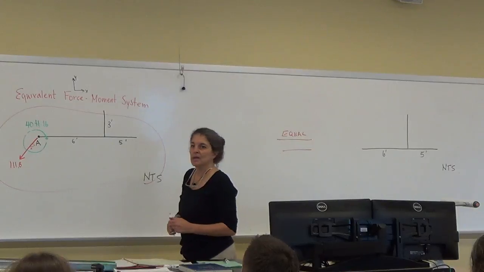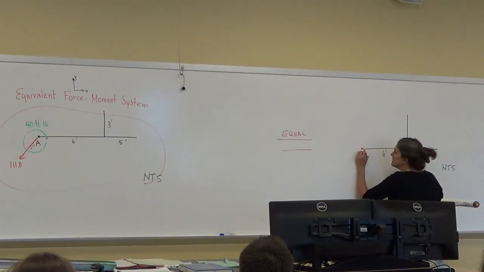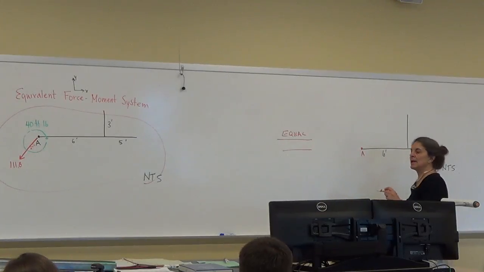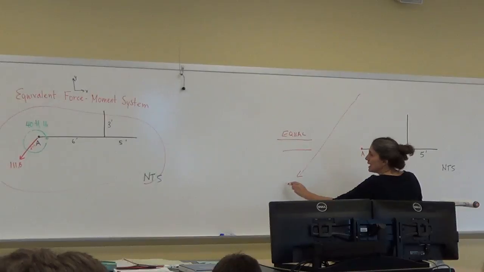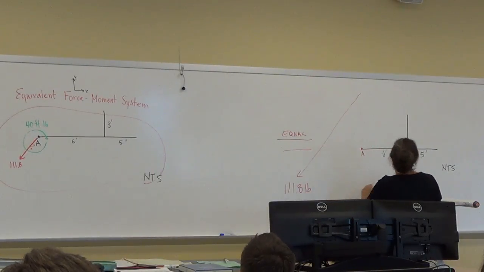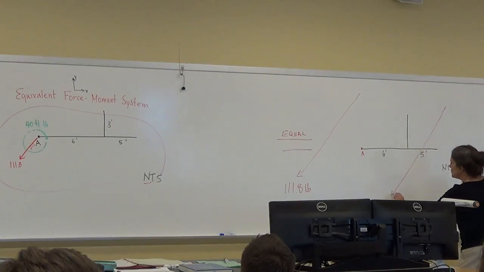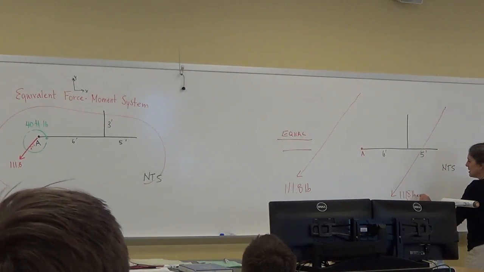So I have to apply this, and this is point A, right? Okay, using the right hand rule, is this force out here at 111.8 pounds, or is it to the left, or is it to the right of A?